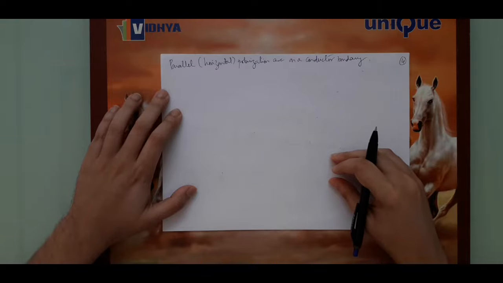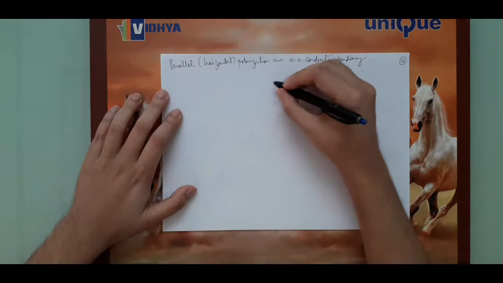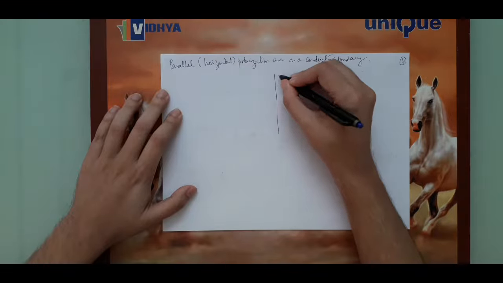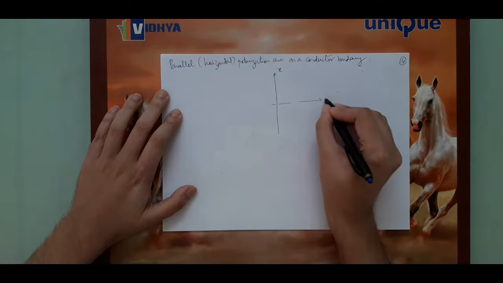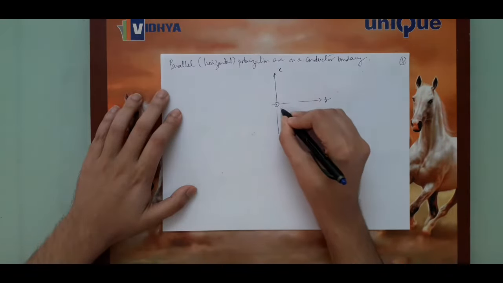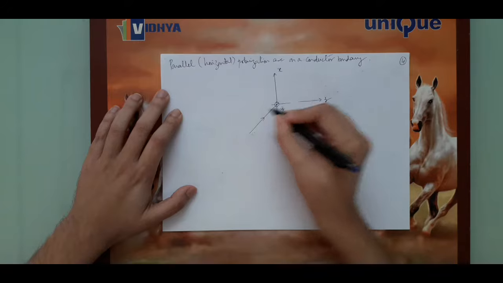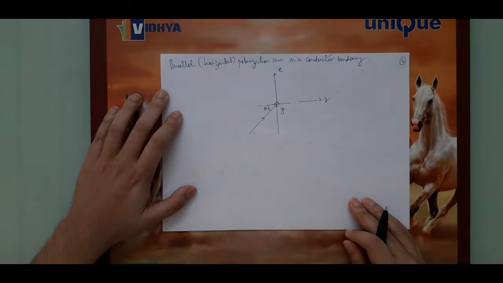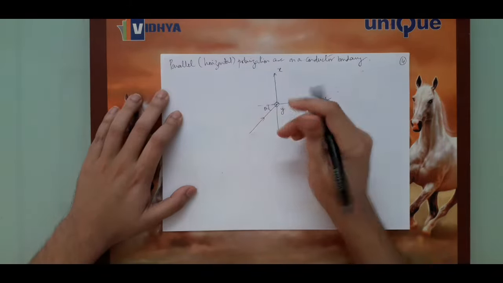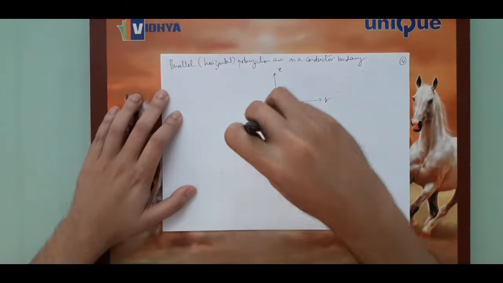Now this is what it would look like. The conductor, let us say this is the x-axis, this will be the z-axis, and obviously this is y. Let's say the wave is incident with an angle of theta I. Because the E field vector is now on the xz plane, the H vector will now be like this.